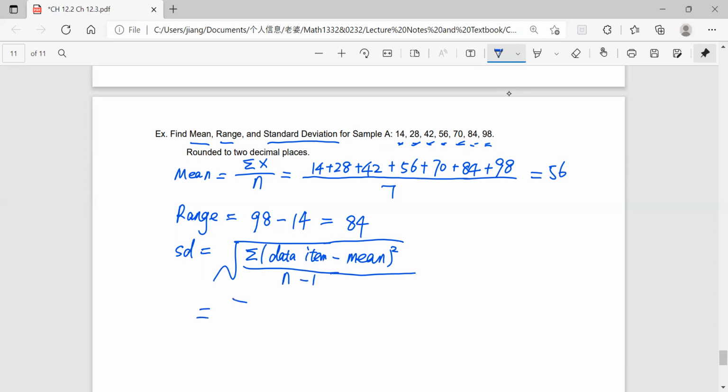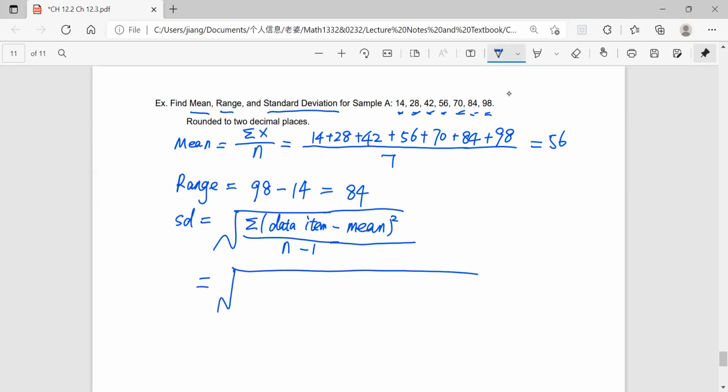So let's plug in the numbers. You can do them separately. You can compute this part first, and then plug it into the expression. The bottom is n minus 1, 7 minus 1, which is 6.